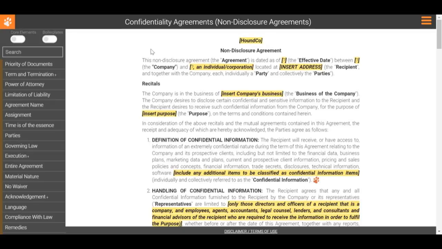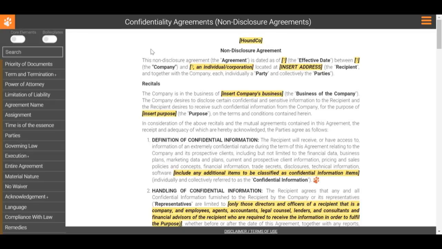Furthermore, there may be a representation on the part of the recipient that indicates that they're not in any conflict, that they are allowed to enter into this non-disclosure agreement free of conflicts, and therefore that the agreement shall be binding.